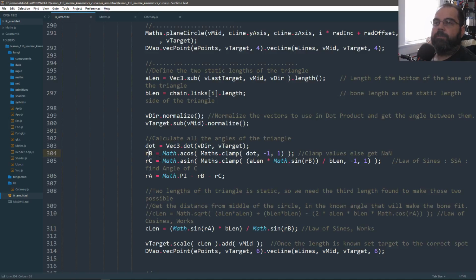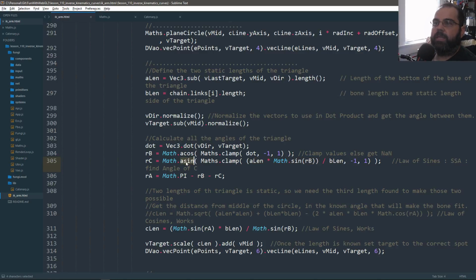So once I know angle of B, I can then use that to... This is the law of cosines. Oh, do I have the equation? No, I don't. But it's the SSA equation. It's pretty much just this: length A times the sine of RB, the radius B, divided by the length of A. And I just need to clamp it.